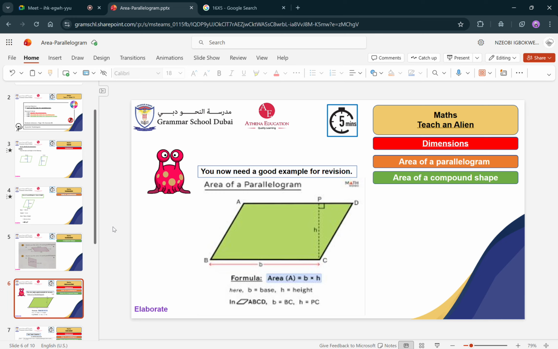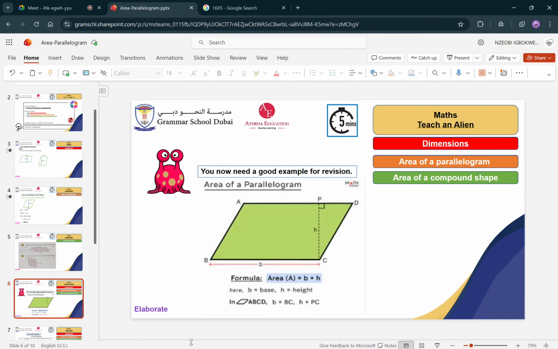They are still trying to explain the area of a parallelogram. You can see where they wrote the formula. Can you see that? Yes. That formula, area equals B times H. Obi, can you see that area A equals B times H? Yes. Now they told you here B is equal to the base and H equals the height.